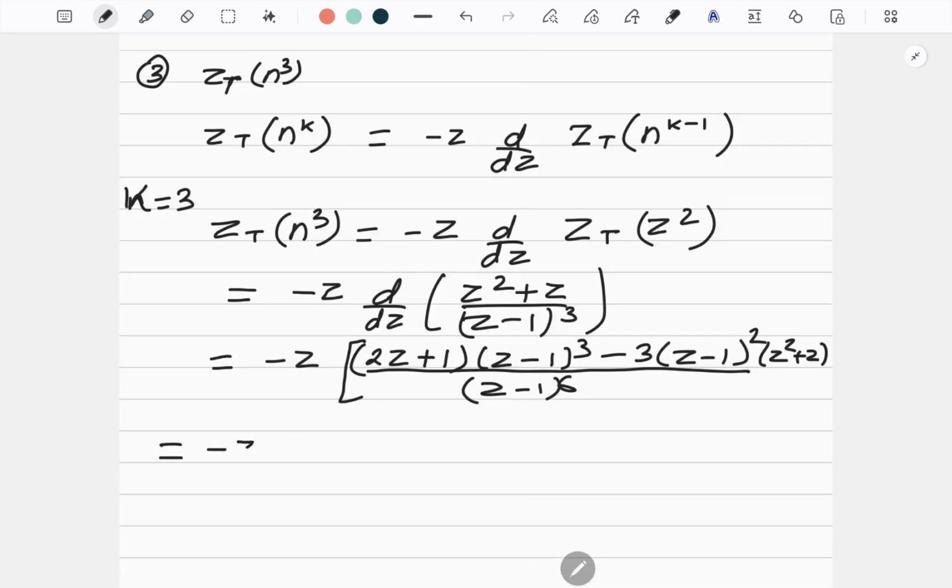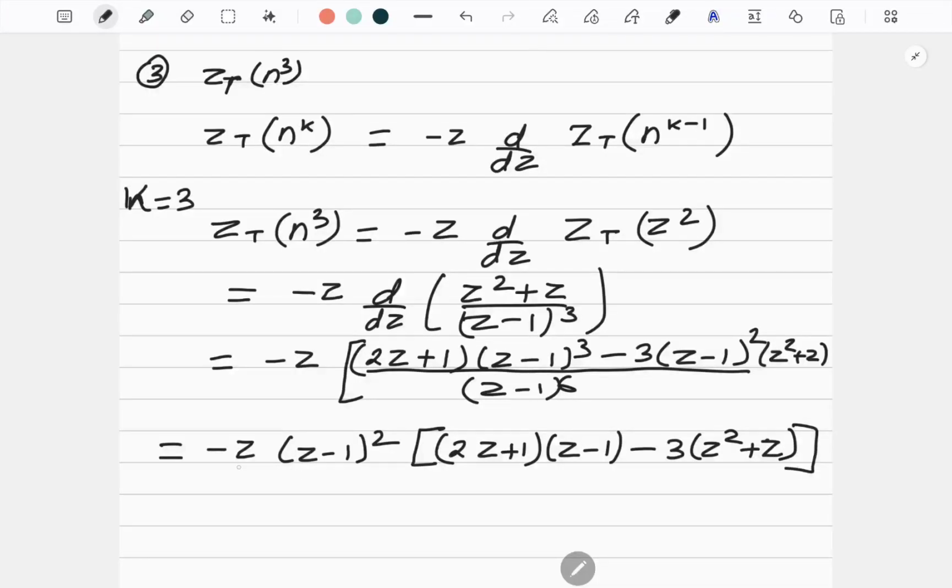So I am left with minus z minus 1 square I have taken common. So what is left in the numerator? 2z plus 1, one z minus 1 is left here, minus 3 times z square plus z, upon z minus 1 power 6.